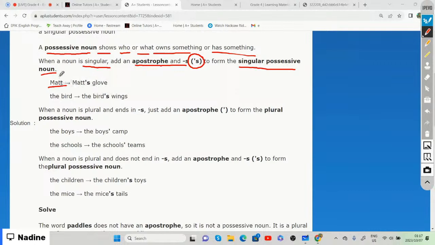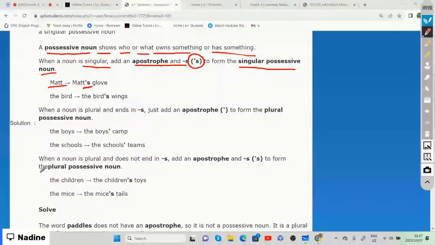So it is Matt's glove. As you can see there, the apostrophe and the S show that the glove belongs to Matt. It's in his possession. It belongs to him. He has ownership of it. So whose glove is it? It is Matt's glove.